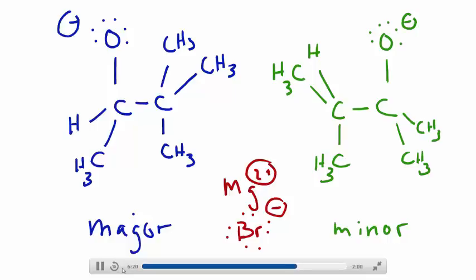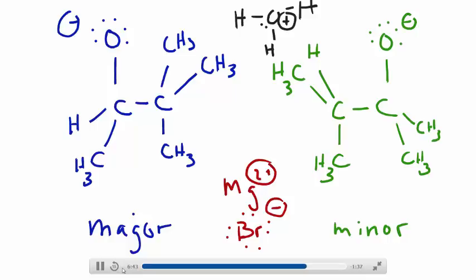So now we add in the proton. We're going to bring in our proton source. I'm showing that as a hydronium, but you could use any acid you really wanted to here.